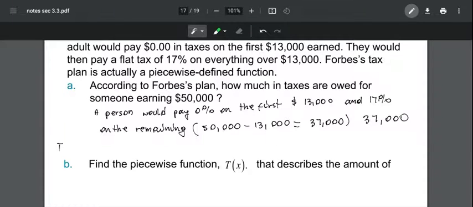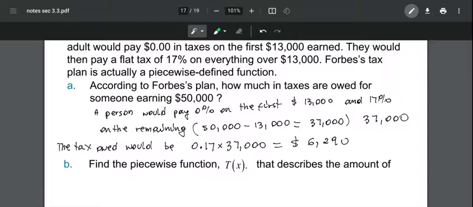So to calculate that tax, the tax would be 17%, which is 0.17 as a decimal, times 37,000. And this is 6,290. Okay. So that will be the answer.